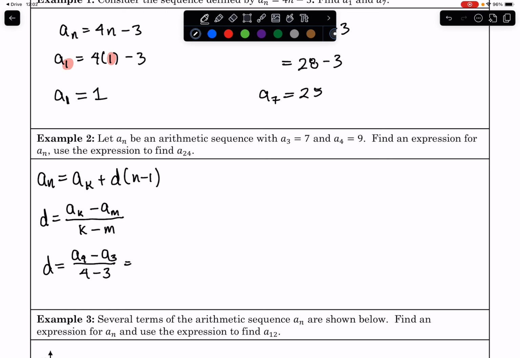So if I substitute a sub 4 with 9 minus a sub 3, the value of that is 7. 4 minus 3 equals 1. And 9 minus 7 equals 2. So this equals 2.